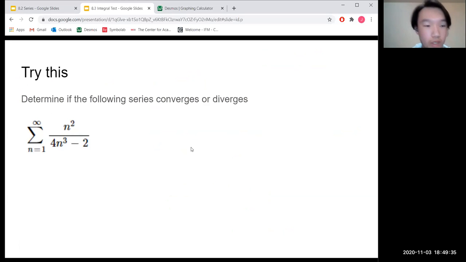Okay, so here's the next example. You guys can try this on your own. So try to do it like the way that we just did the previous problem. See if you can get the answer. Okay, I'll give you 4 minutes.